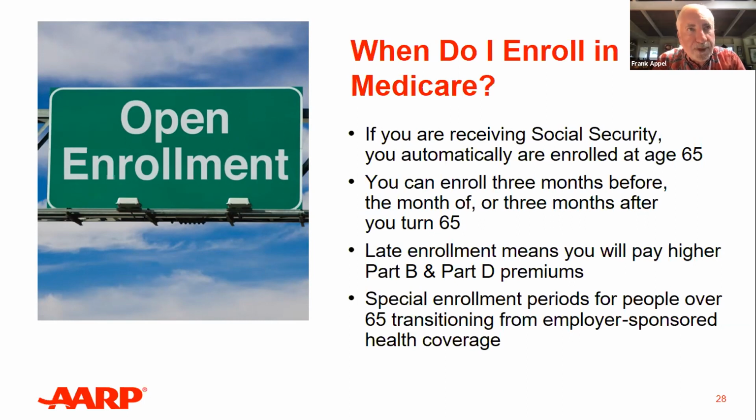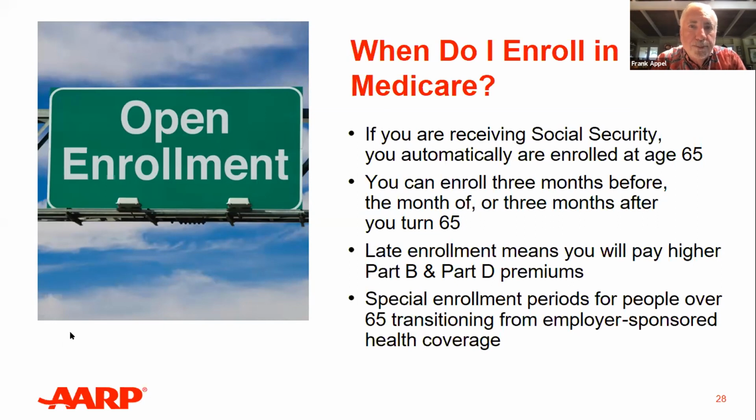However, there is an exception. If you are still working or you're still covered under a spouse's employment, you have health insurance that way, you do not have to enroll in Medicare when you turn age 65. In fact, you don't want to enroll in Part B because you're going to be paying a premium from which you're not really going to get any benefit. So you can delay enrollment if you are covered.